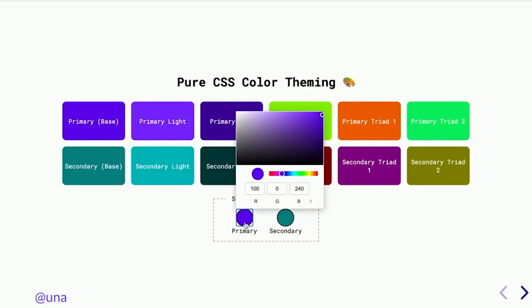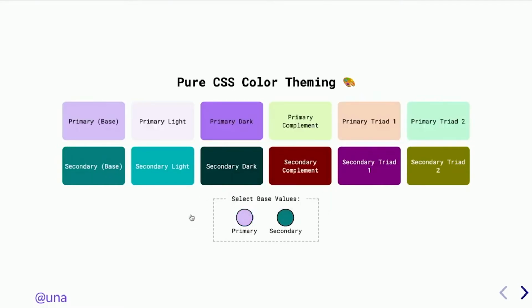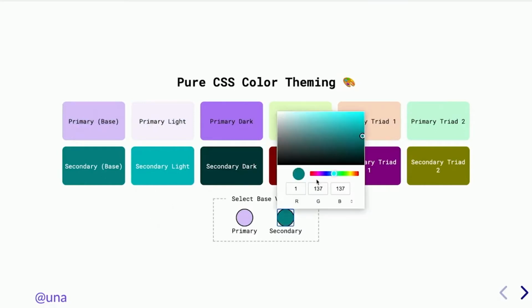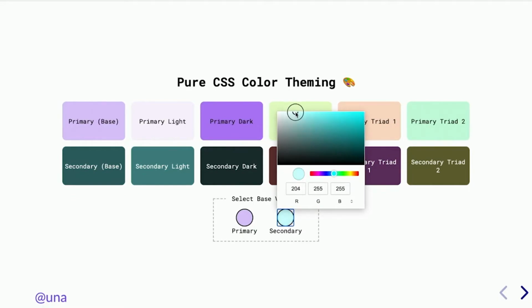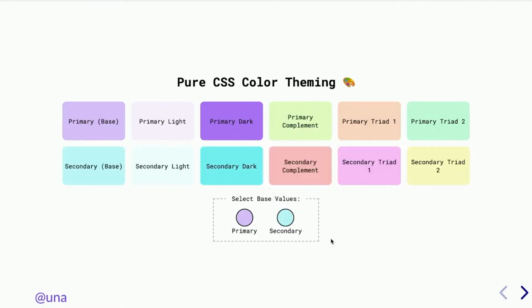When I am adjusting the color here, if I change this darker purple to a lighter lavender, you can see that now the color on top of it that says primary base, that says primary light, has become black instead of white. And if I'm adjusting this color and I make it a dark value, it stays white. If I make it a light value up here, if the luminosity is adjusting to a very light value, those also become black, and that's so that you can read the color value on top of this.